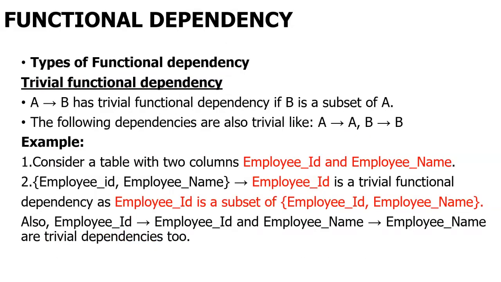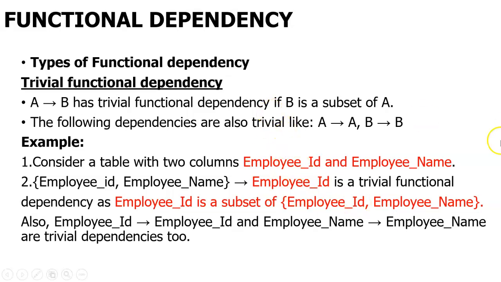Here I have two different types also. First, trivial functional dependency. Previously I was telling that A gives B, so B is dependent on A. Suppose A gives A, so A itself is dependent on A. So if the determinant itself contains the dependent, then that is called trivial functional dependency.